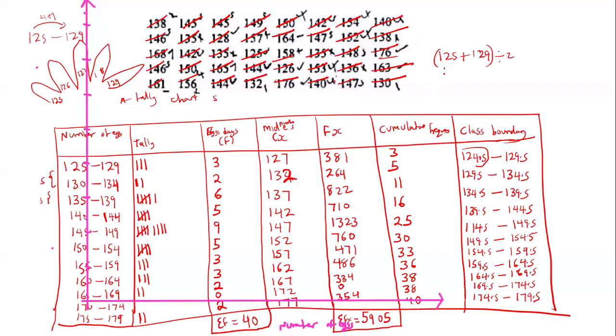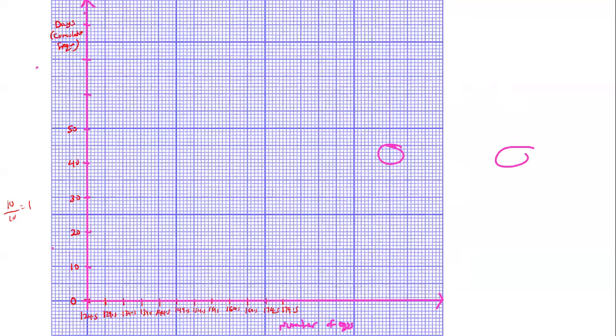Then from there, we start with 3. Remember, this 3 goes with 129.5. So the first one is always 0. I start with 0 here. Then this one is 3 here.